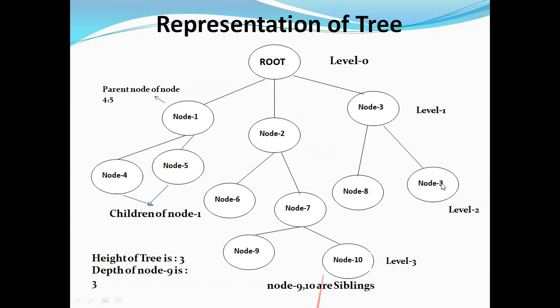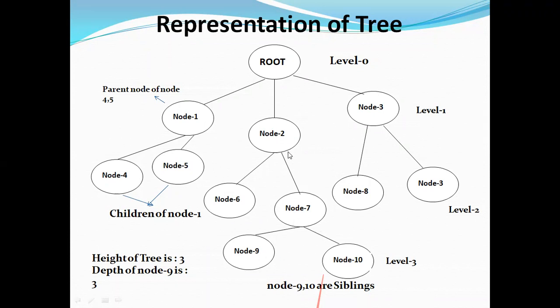Just find the longest path. Which is the longest path? There are two longest paths: root, node 2, node 7, node 9, or root, node 2, node 7, node 10. Both have the same longest path.